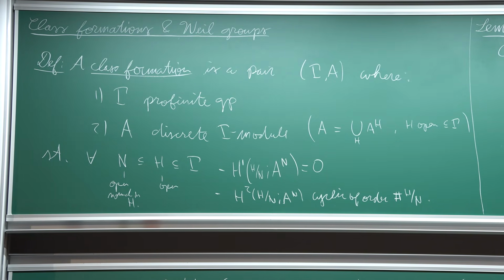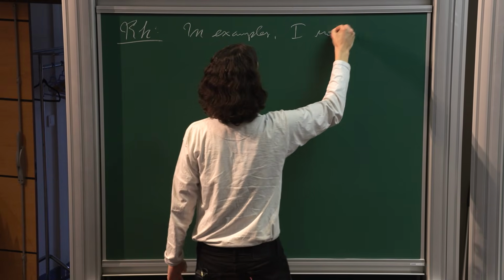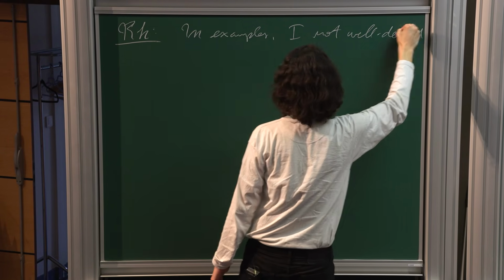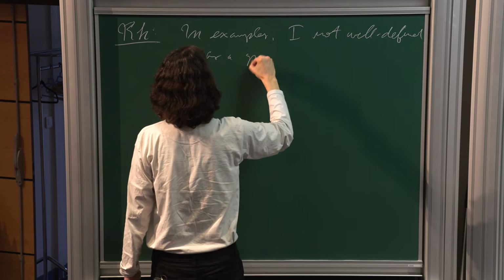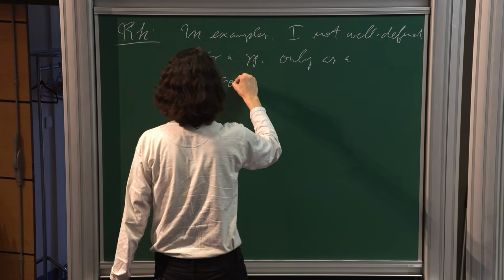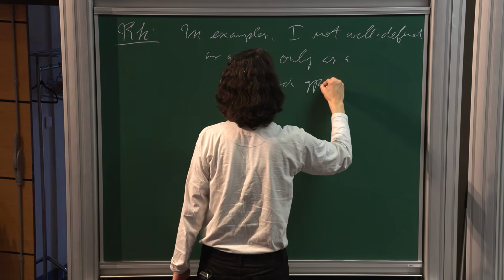So really, in examples, gamma is not well defined as a group, but only as, I guess you could say, a connected groupoid.